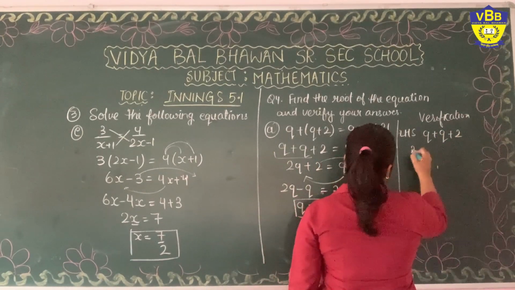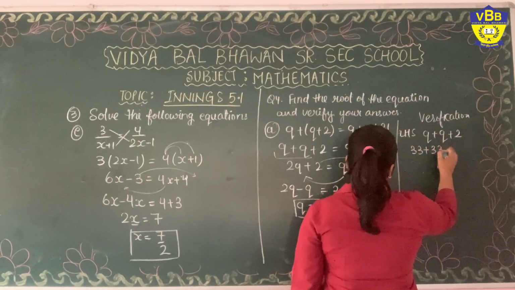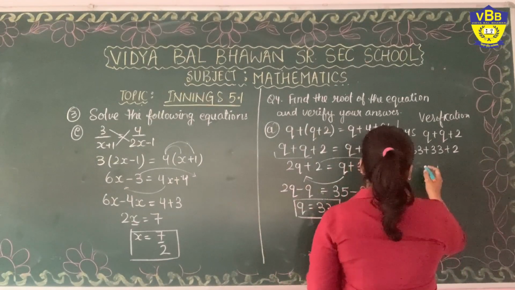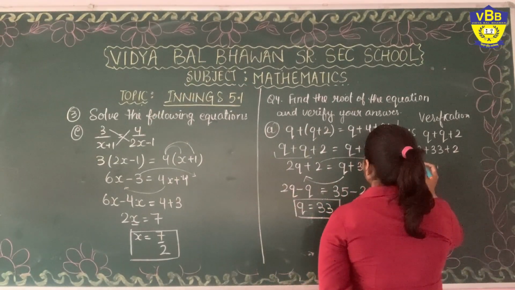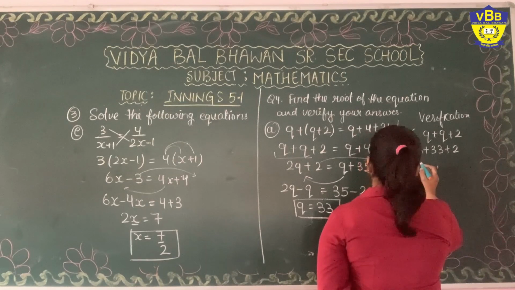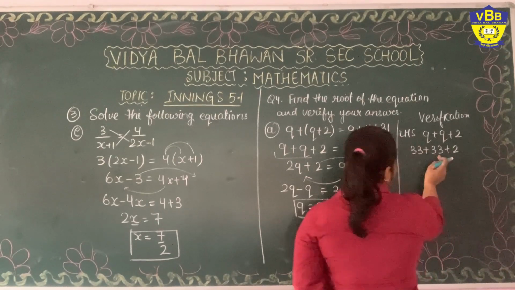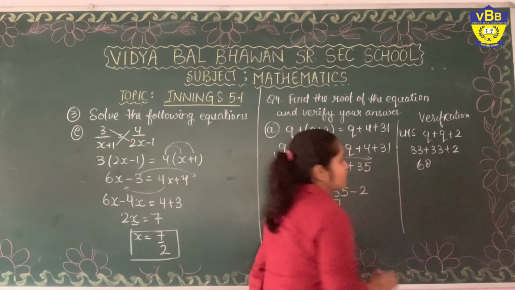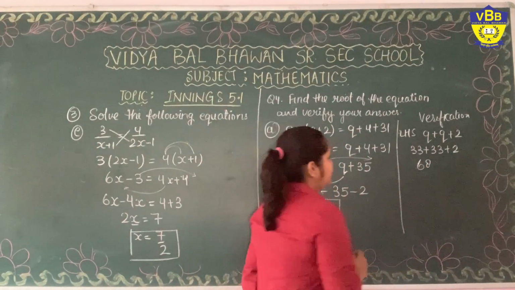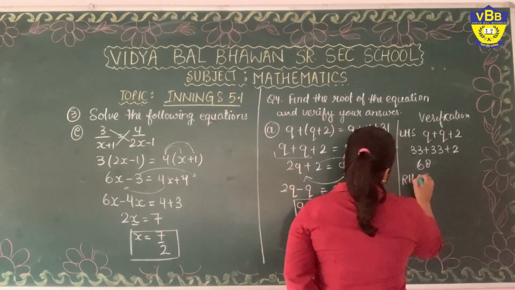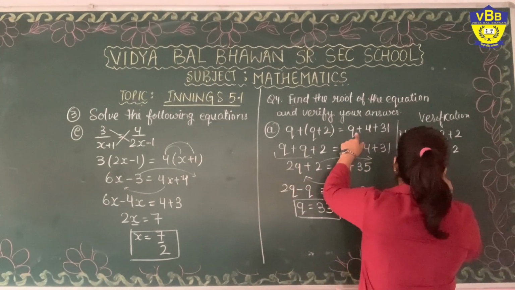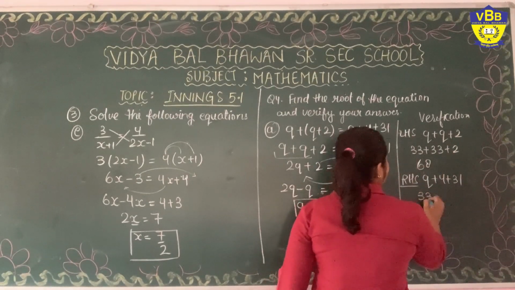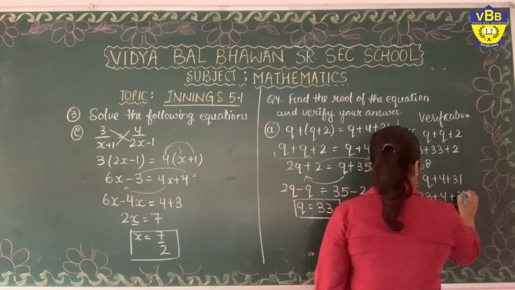So if we are doing the verification, the value of q is 33. So 33 plus 33 plus 2 is equal to 33 plus 33 is 66 plus 2 is 68. Now solve RHS, that is q plus 4 plus 31. The value of q here is also 33, so 33 plus 4 plus 31.